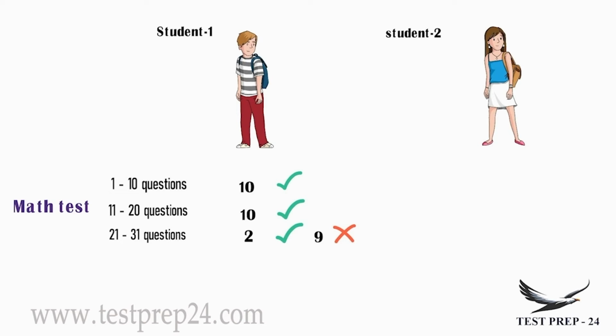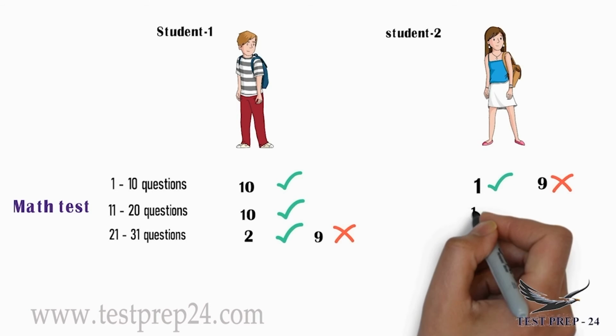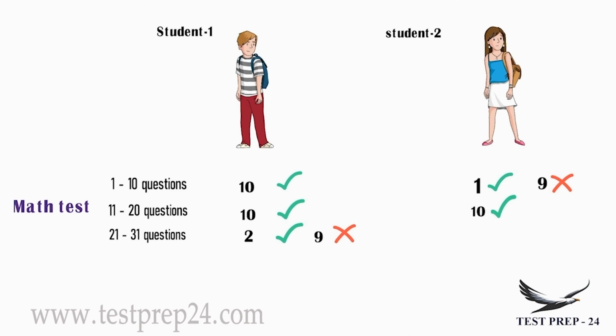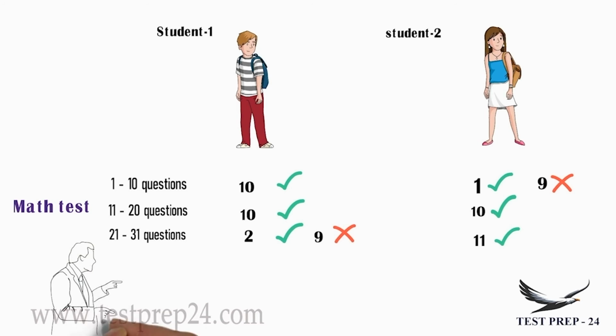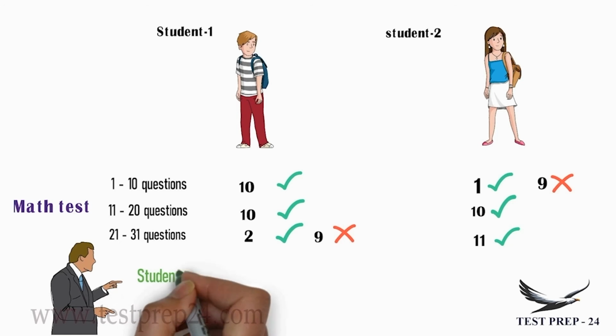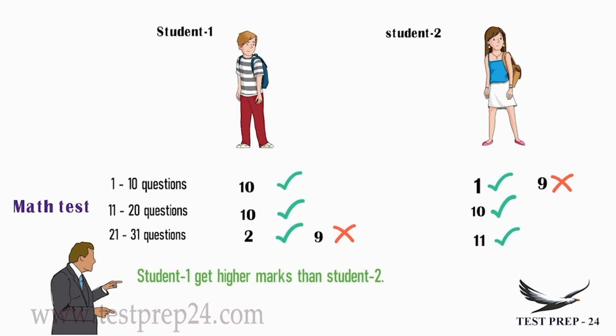Similarly, student 2 answered 1 question correctly and 9 wrong in the first part, 10 correct and 0 wrong in the second part, and in the third part he answered 11 correctly and 0 wrong. As a result, he also got 22 right answers and 9 wrong. Now can you guess who is going to get a better score, student 1 or student 2?